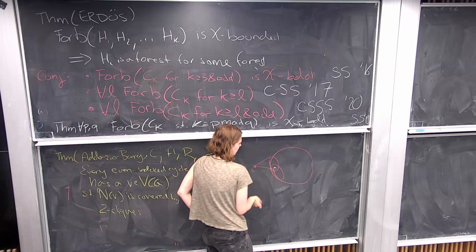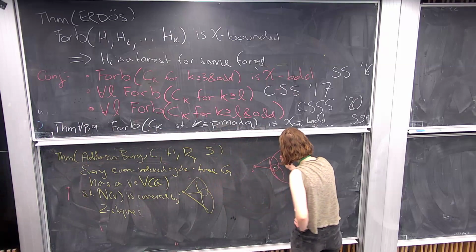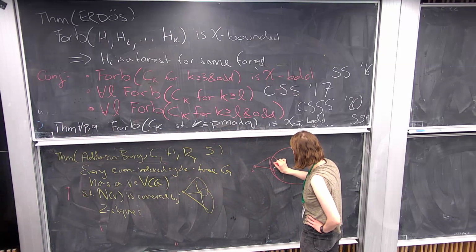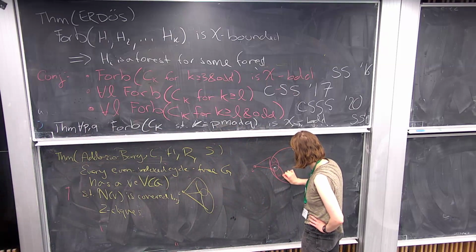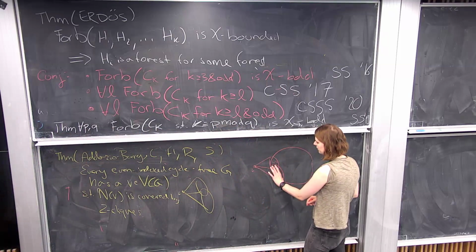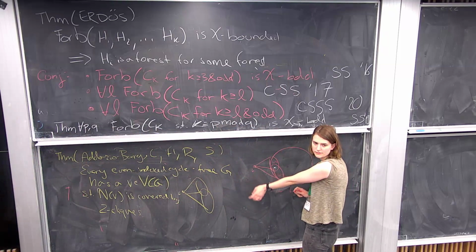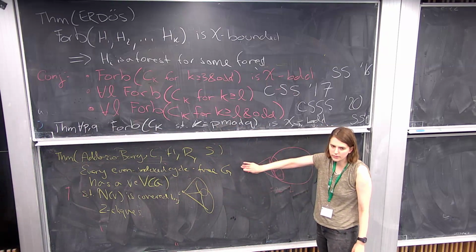Each of the two cliques is of size at most omega minus 1, so you're seeing at most 2 omega minus 2 colors. And so if you want to color with 2 omega colors, you always have something left over.